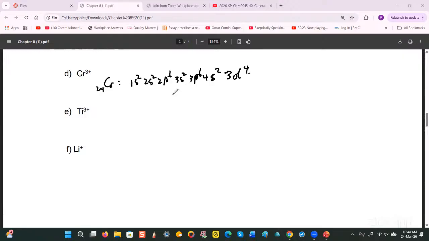D4, okay. Oh, wait a minute, this is one of those where we have an unusual thing, so this should be 4s1, 3d5. Remember what I said about the half-filled sublevel and so on, all right? So that's the electronic configuration for the chromium atom.